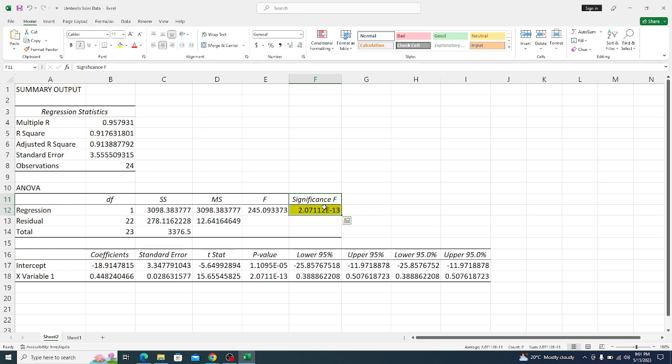Why? Because it is statistically significant. Otherwise, if your value is greater than 5% or greater than 0.05, then we say your model is unreliable, or it is statistically insignificant.